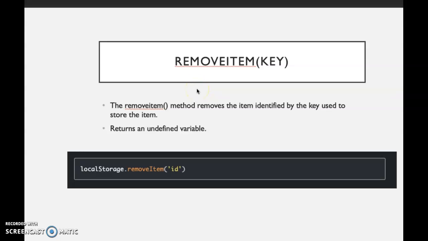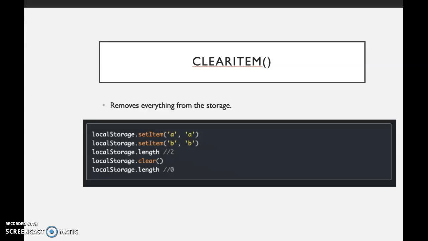Then removeItem removes the item by the key that you used to store it. So we do localStorage.removeItem ID. Simple as that.